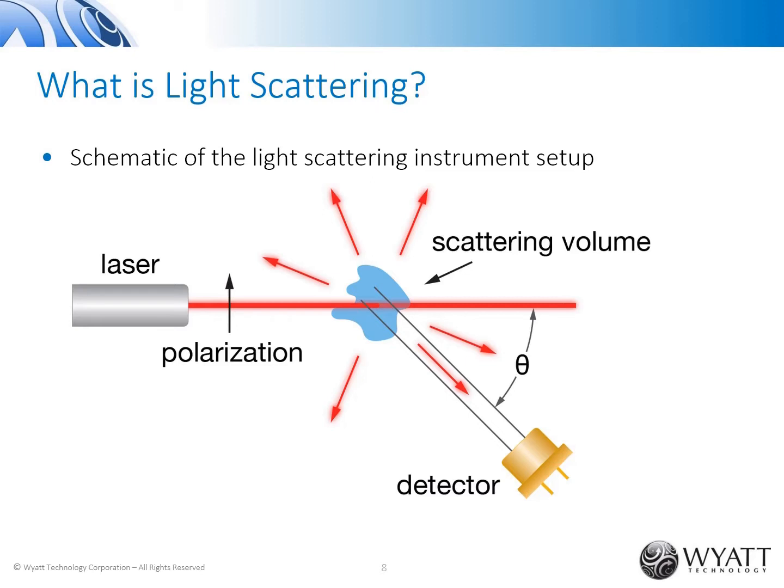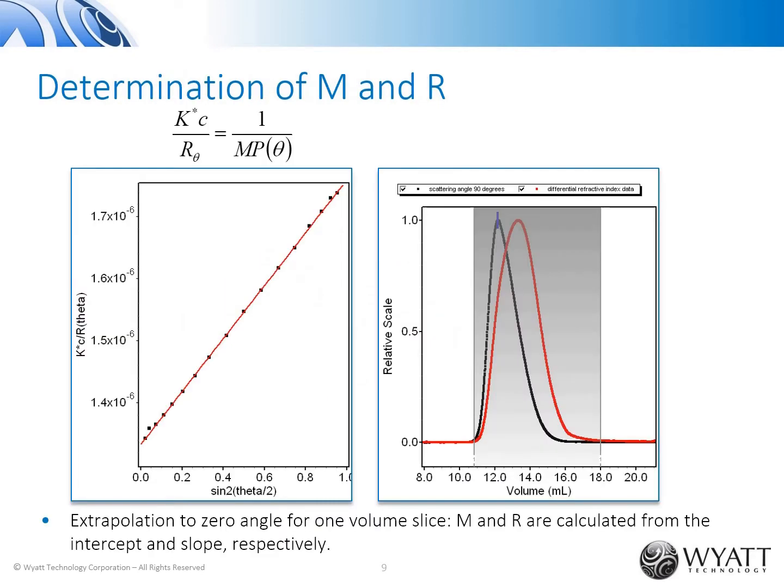As in the case for FFF, we have a simple equation telling us how to calculate molar mass and size. Here is the simplified equation for dilute conditions, which is valid for separation processes. On the left-hand side, we have the experimental quantities. K star is the optical constant.